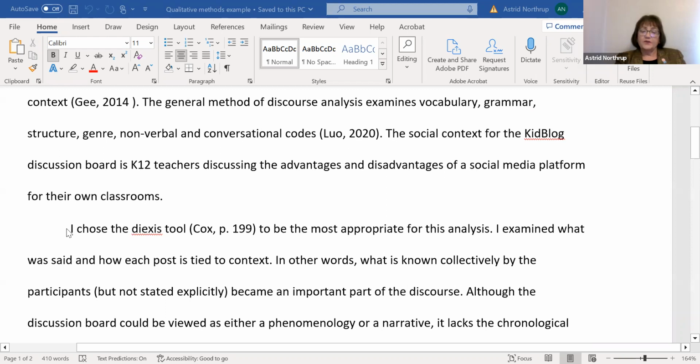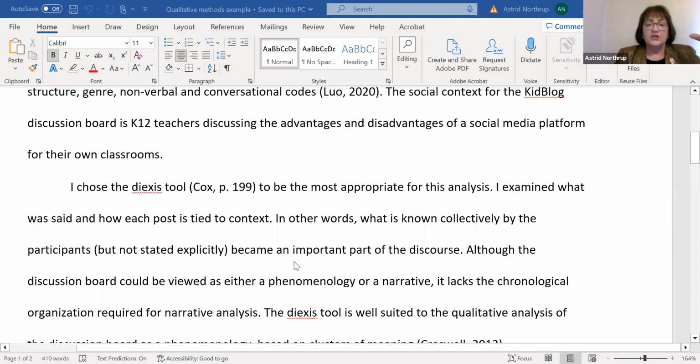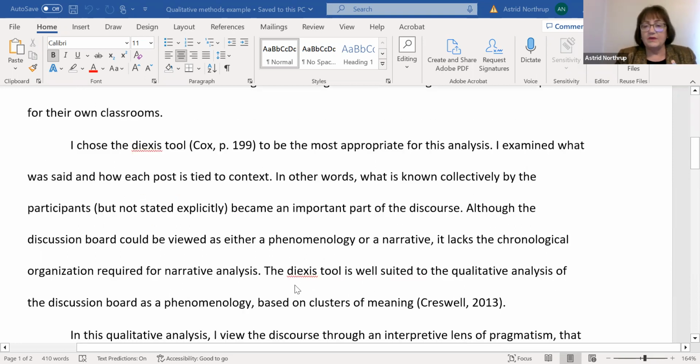And then I further specified, because discourse analysis is huge and I could look at 10,000 different things, but I chose to use the Deixis tool, which I misspelled here, that's awesome, to be the most appropriate for this analysis. And I examined what was said and how it tied to that context. So in other words, I'm just describing the method based on these sources.